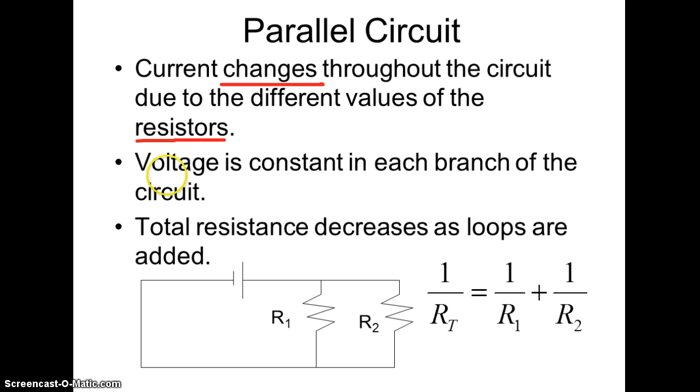The voltage is constant. And to find resistance, it's 1 over resistance total equals 1 over R1 plus 1 over R2. So whenever you find this answer, say it's 5, no, that's 5 to the negative 1. You have to take the inverse of that number to get the actual resistance.